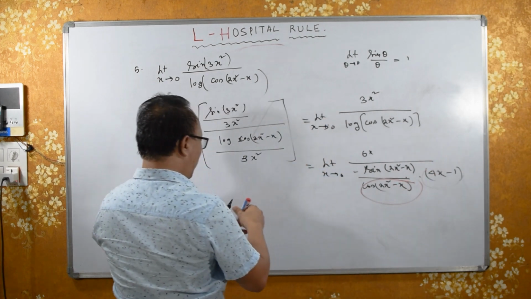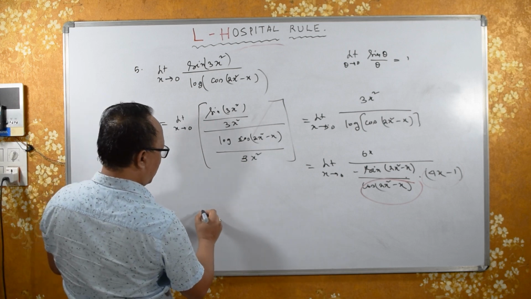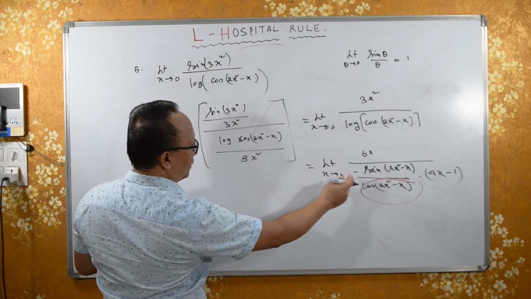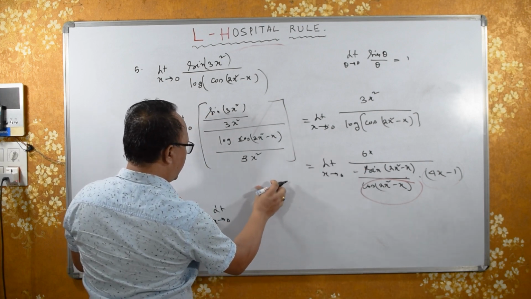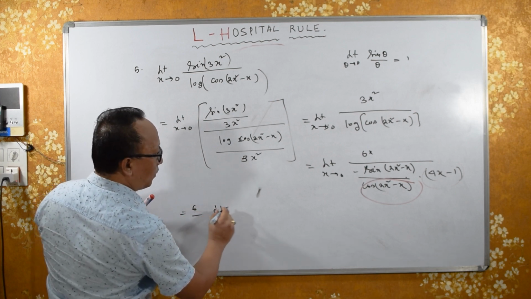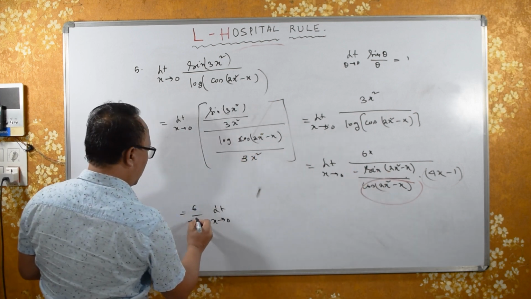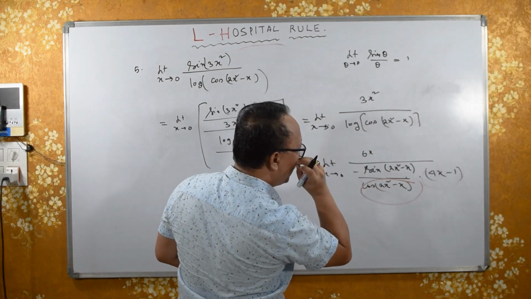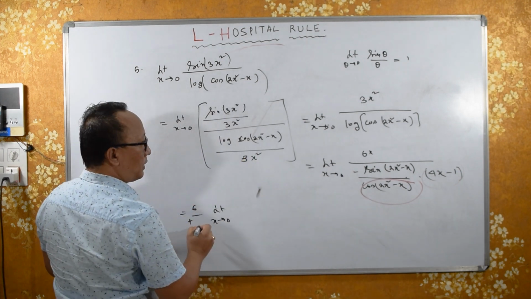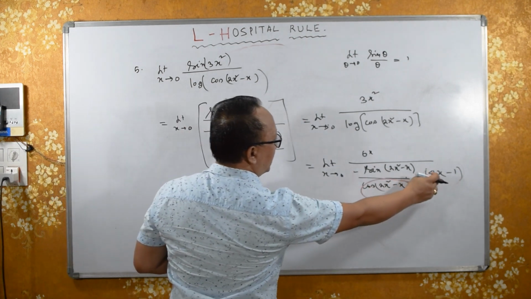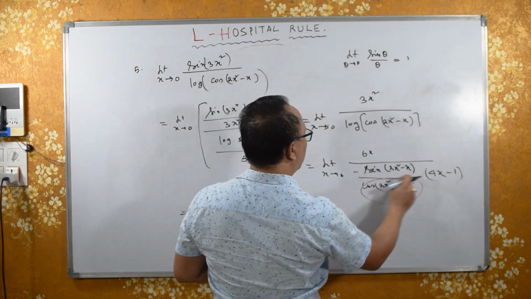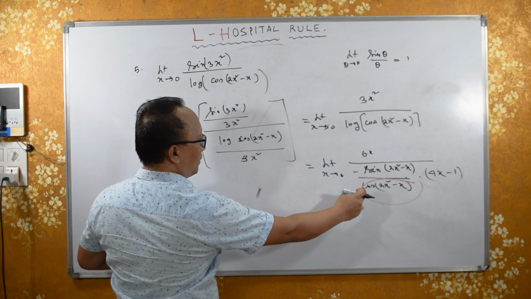So I will write over here limit of x tends to 0. We have 6, let's take it outside, 6 upon, over here we have minus, and here we have minus 1. Minus into minus is plus 1. This term becomes, when x tends to 0, 0 minus 1, minus 1 into minus 1 plus 1, this becomes 1.